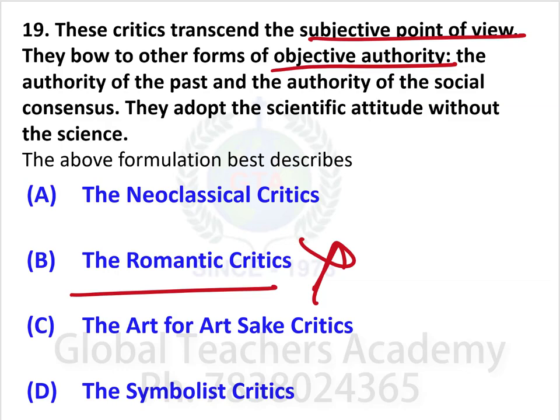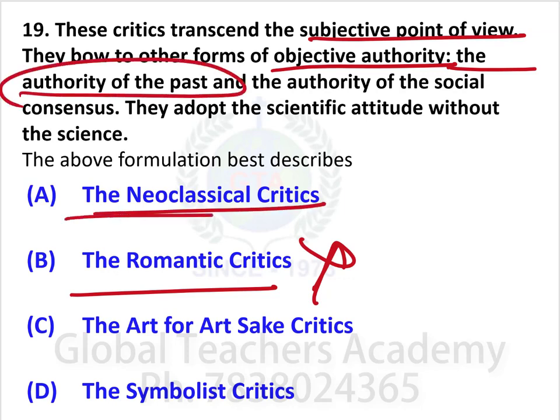Okay? Then it says they bow down to objective authority. So they bow down to the fact that there is going to be a singular narratival authority, so that there is going to be a fixed structure that all of us have to follow. So what is the authority that they are following? They are following the authority of the past.